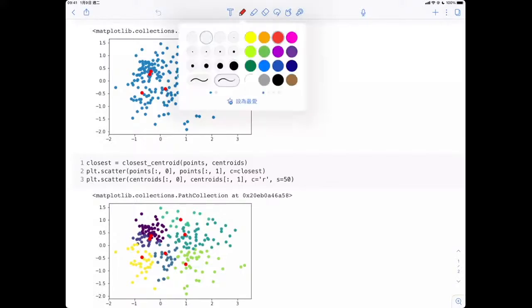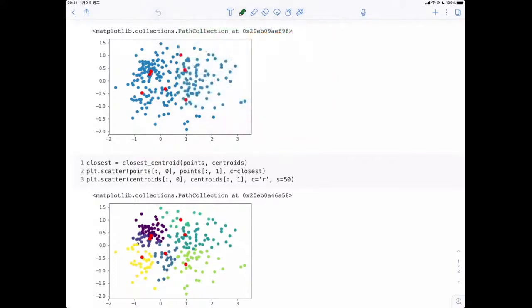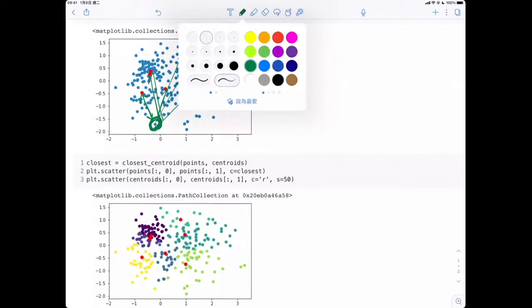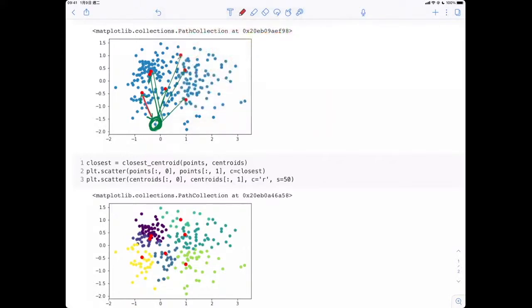For example, I have a target point right here. So I calculate the distance between this blue point to all red points, right? And select the smallest one, which is this one, should be the smallest one, the closest red point.